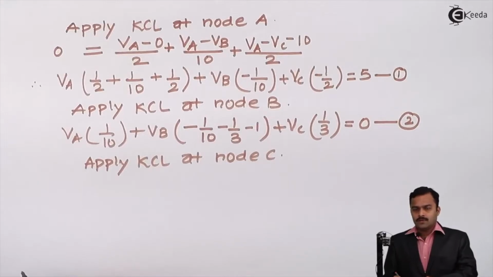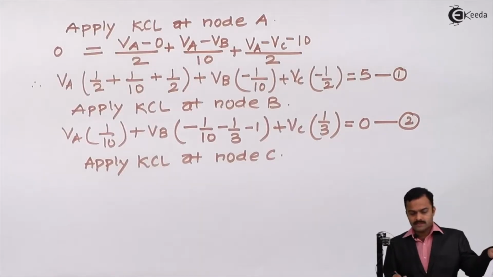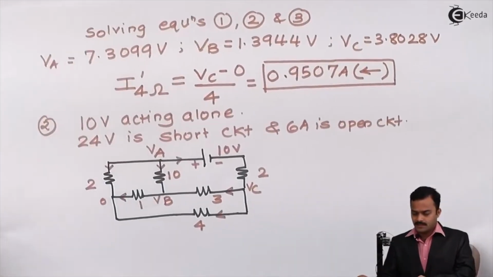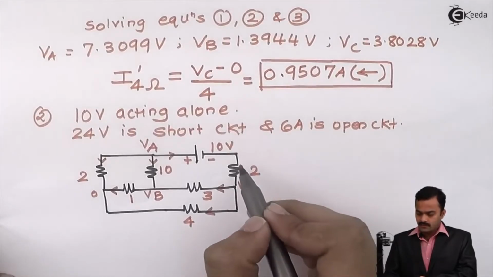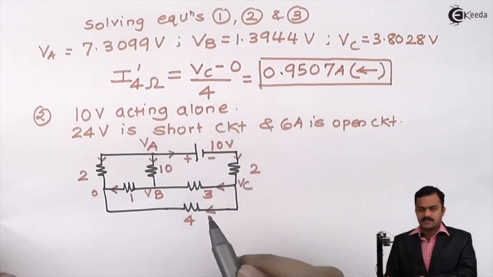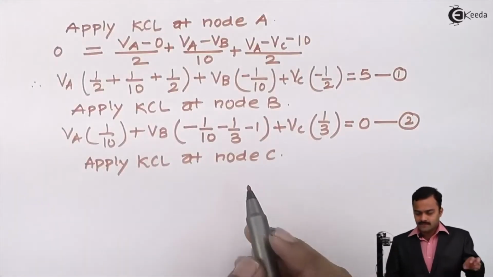Here also a lot of similarities are there, but the only difference is that a voltage source is present. If I check the second case circuit diagram, the only difference is while writing the equation for this current. So let's write that.